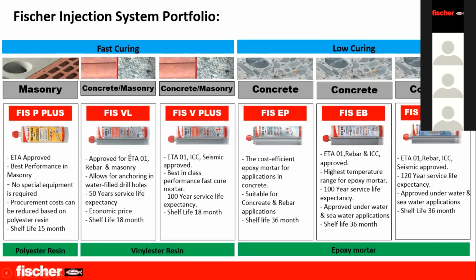And if you want to reach even more load than this BL, you can choose this B Plus. You can fix it in concrete and masonry. It has seismic approval. Also, it has a 100-year service life expectancy.